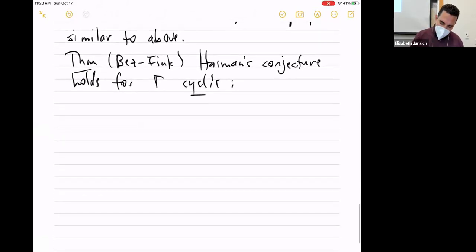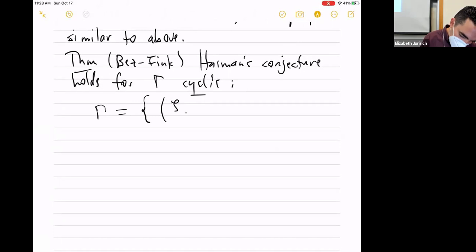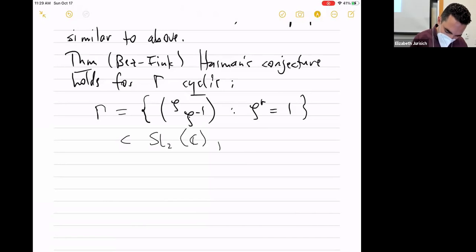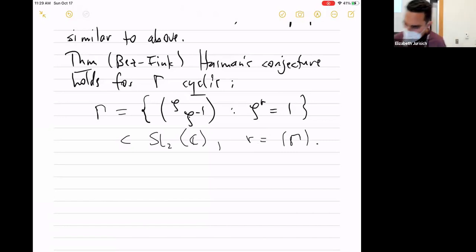Okay. So Haiman's conjecture holds for Gamma cyclic, and this looks like this. So Gamma is this subgroup of diagonal matrices with a root of unity and its inverse, of order r. So I'll let r be the order of Gamma.